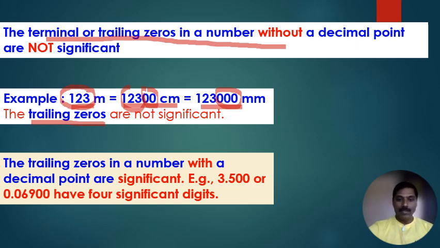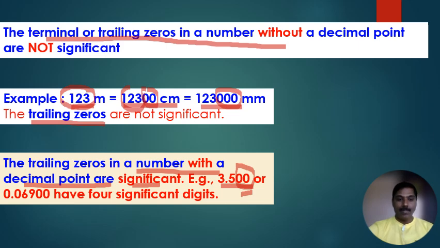The trailing zeros in a number with a decimal point are significant. This is important. Here, for example, 3.500 is taken. The trailing zeros are taken beyond the decimal point. Therefore, these zeros are to be considered as significant.